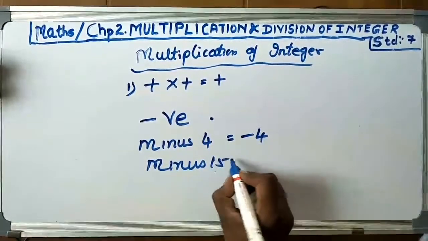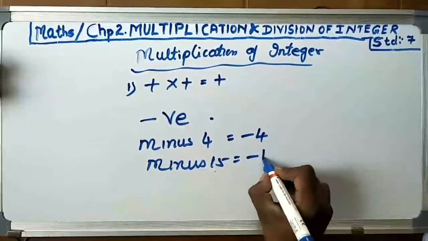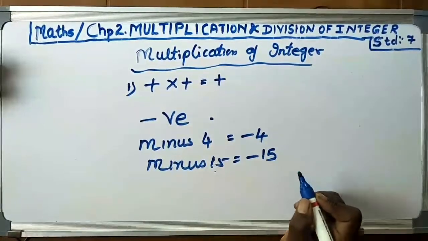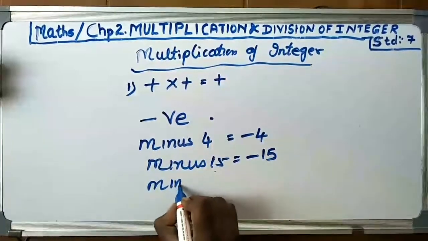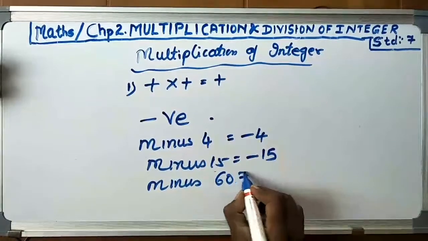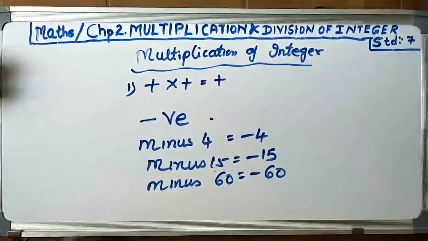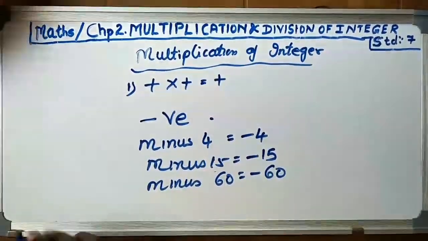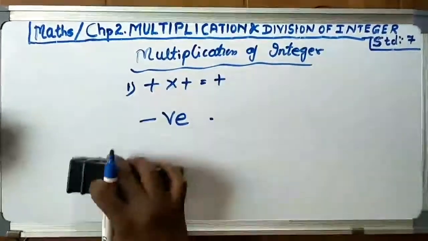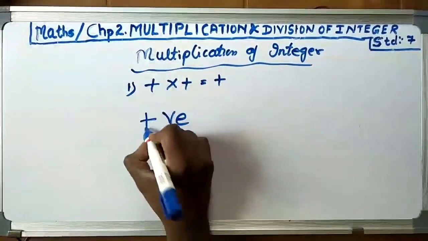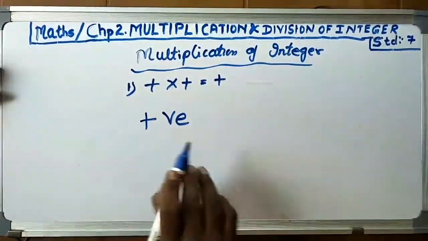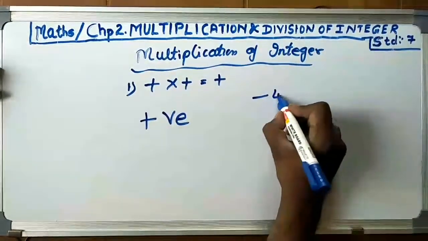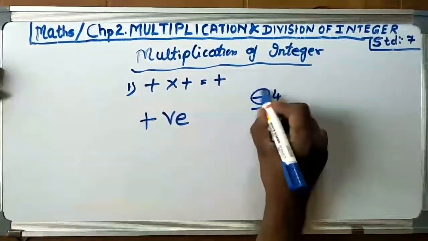Minus 15, you write putting minus 15. Minus 60, you write minus 60. For minus, you put the sign, minus 4, minus 15.